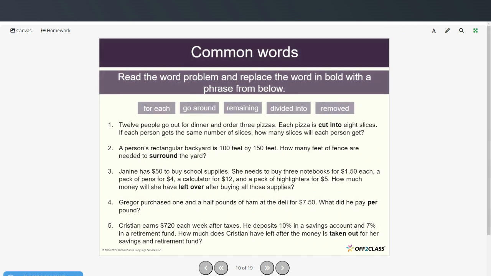Again, same thing here. You're going to read the word problem and replace the word in bold with a phrase from below. 12 people go out for dinner and order 3 pizzas. Each pizza is cut into 8 slices.